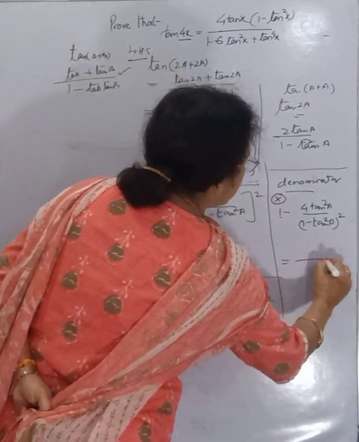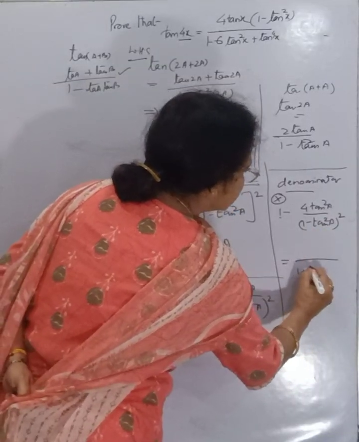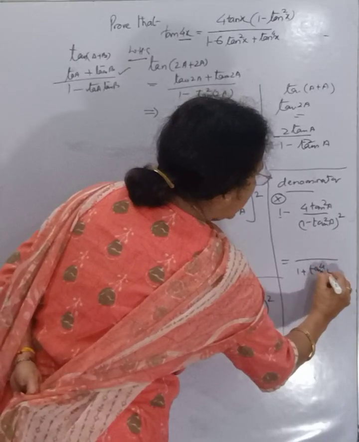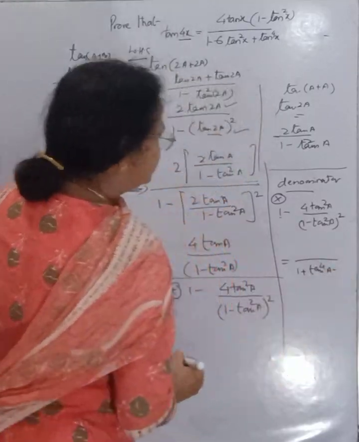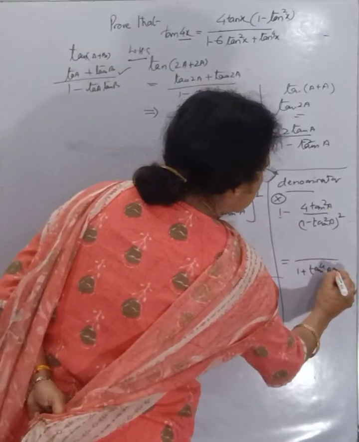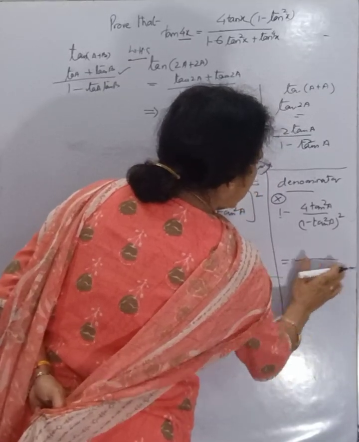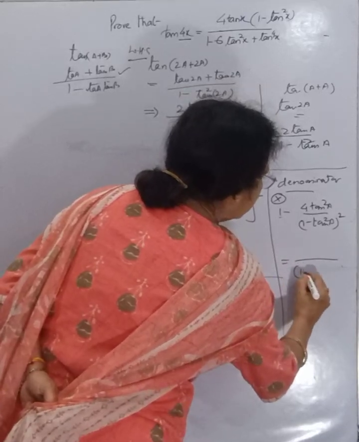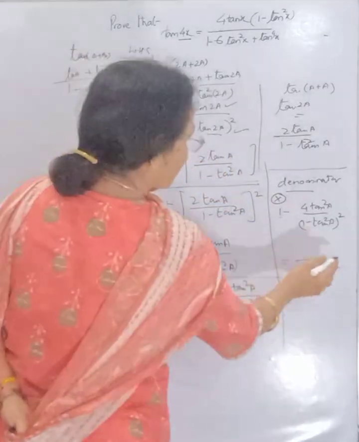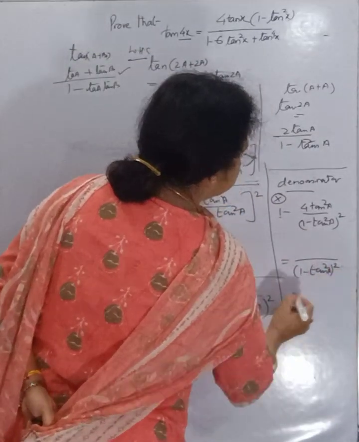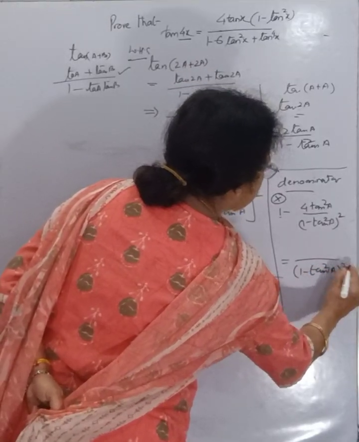This is 1 minus tan square a whole square, which is 1 square plus tan to the power 4a minus 2 tan square a. Now we can write it as such, 1 minus tan square a whole square.